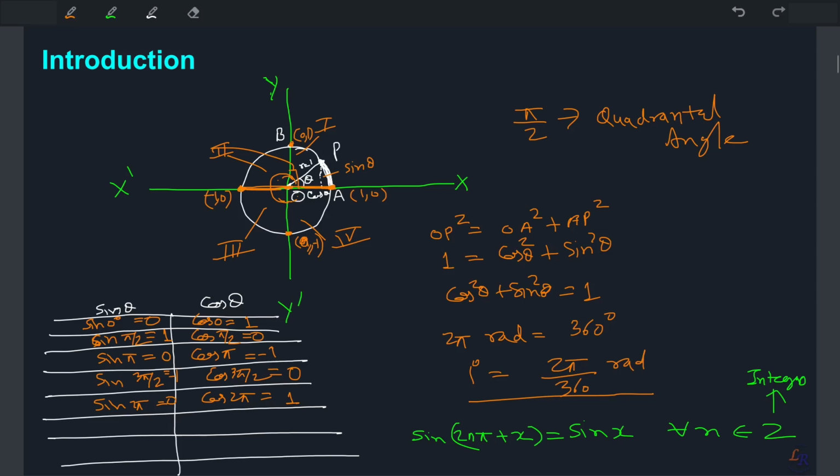So for example, sin x is equal to 0 for 0, plus minus pi, plus minus 2 pi, something like that.